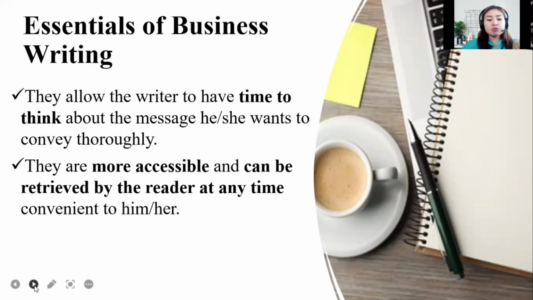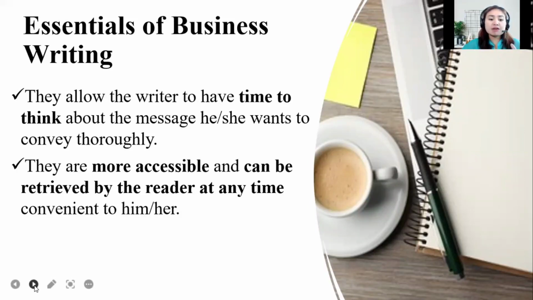Next, business writing is more accessible. It can be retrieved by the reader at any time convenient to him or her. For example, you send a message through email. Although that person is not yet online, he or she can access it any time of the day, any time of the week.